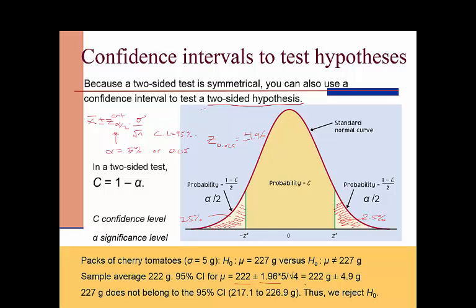That gives you a confidence interval of 222 grams plus or minus 4.9 grams, which then works out to be the confidence interval 217.1 grams to 226.9 grams. Okay? Now, even though 227 is very close to that upper limit, you still see that 227 is outside the confidence interval. Okay? And therefore, we reject our null hypothesis.